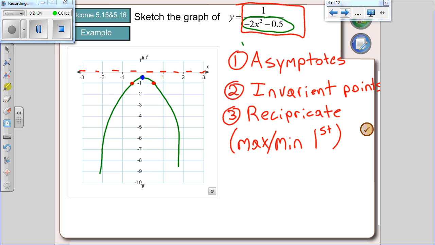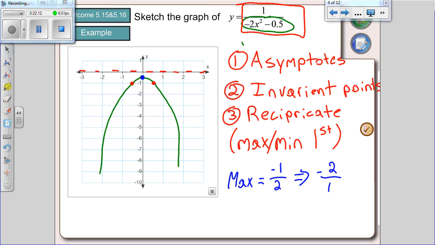So your max is equal to 0.5 or negative 1/2. 0.5 is negative 1/2, same thing. If I want to reciprocate that, you flip the top to the bottom and the bottom to the top. So now it becomes negative 2/1. So your maximum point goes from negative 1/2 to negative 2.